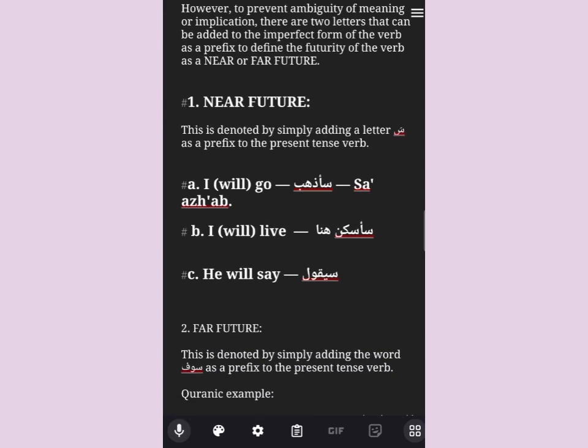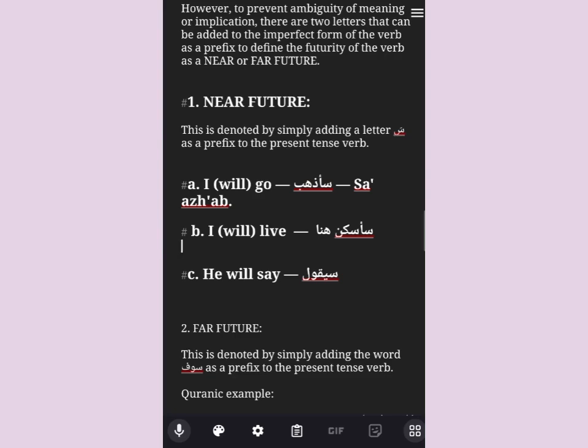In fact, before we move on to the far future, in English you can say, "I travel tomorrow," and it gives you the sense of future, which corroborates the fi'l mudari, which could mean three things. If you say أسافر, it means I travel, a habitual action.